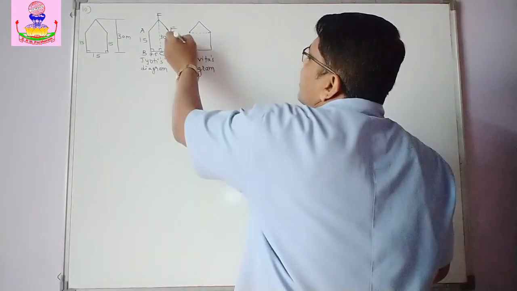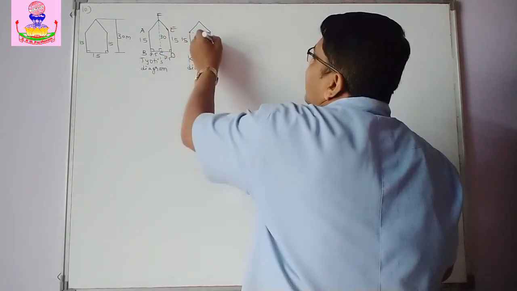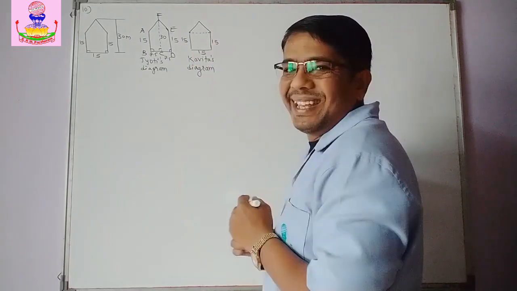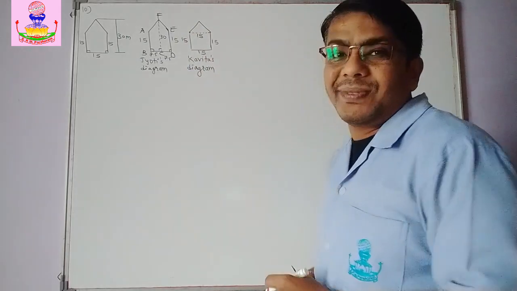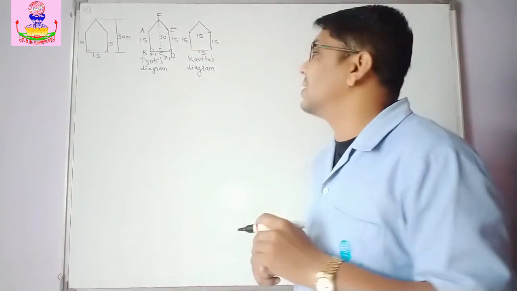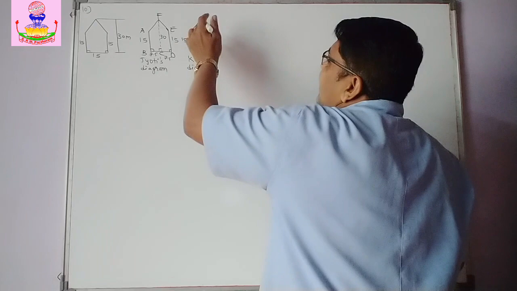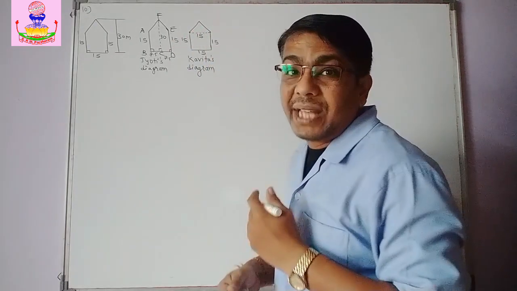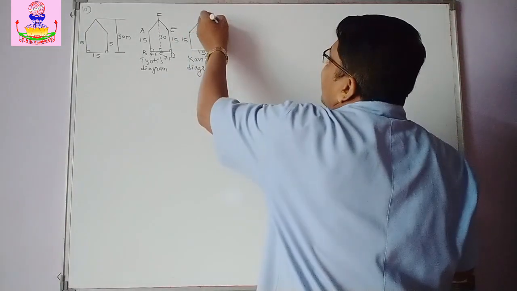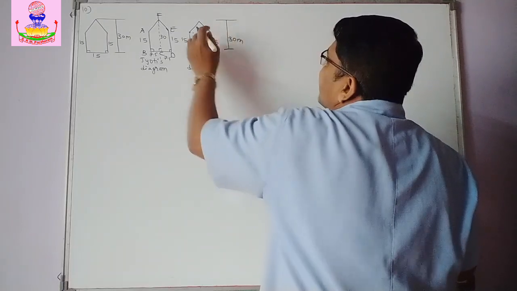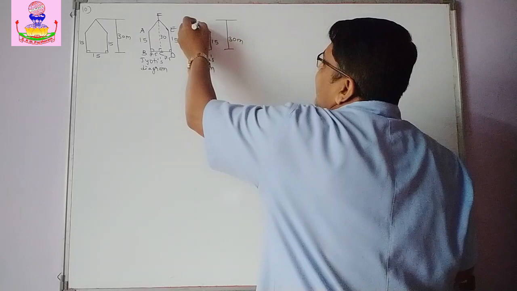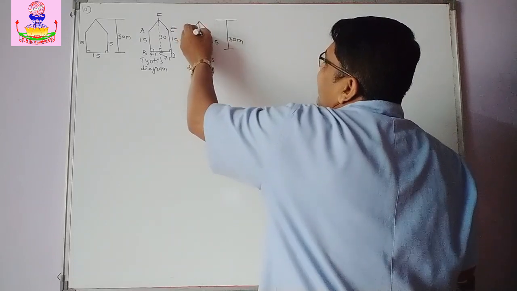Okay, now here, what Kavita's diagram says, this is 15, we know that. This is 15, we know that. This is 15. Okay, now all three sides are 15, this is also going to be 15. It is a square, find out area of the square. Now, this is a triangle. Now, I know the base, what about the height? Yes, total length is given, that is 30 meters. So, till here it is 15.